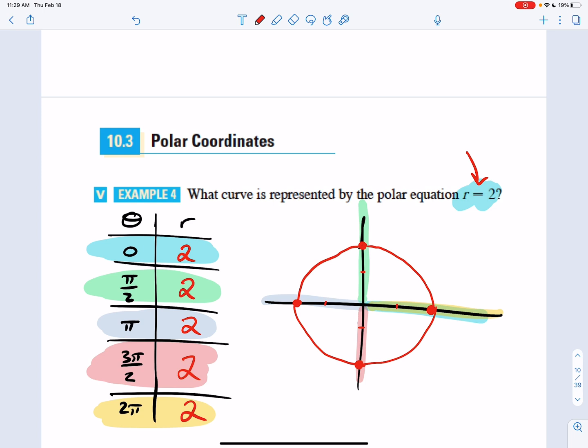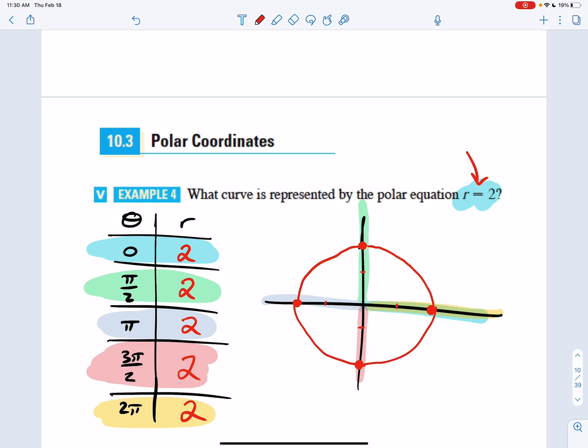Yes. So what you guys are going to do on your calculator, go ahead and turn it on. And really the only purpose of the calculator now, when we switch it to polar mode, it's strictly to look at the picture. That's all it can do, okay? So if you guys turn on your calculators, follow along with me here.